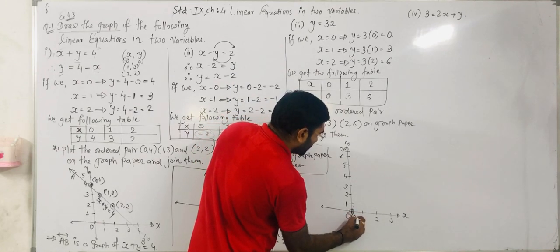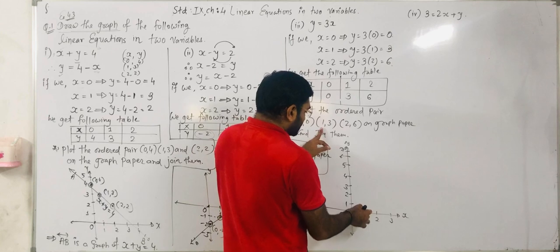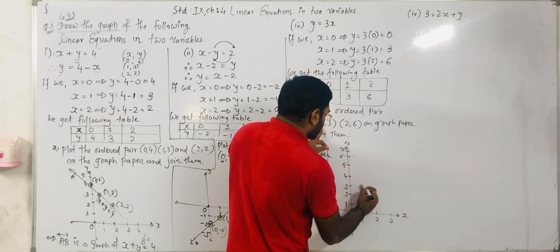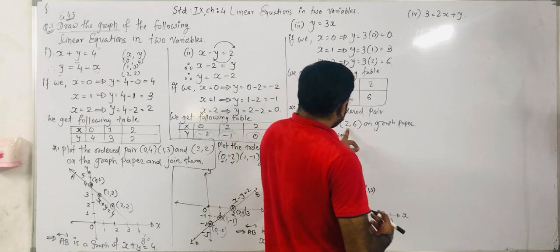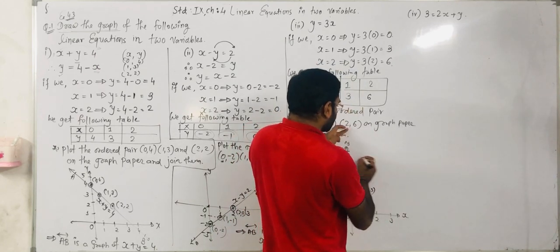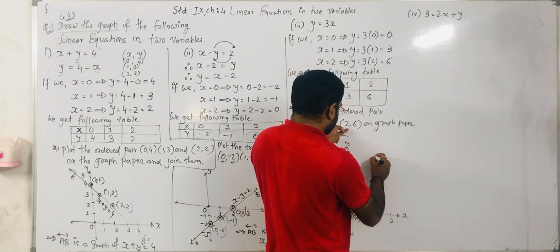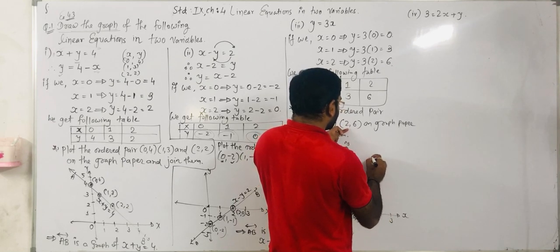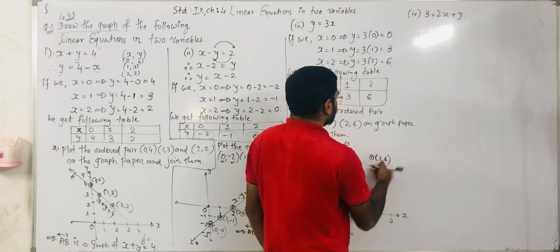This is the horizontal coordinate. 1 3. X is equal to 1. Right? And y is equal to 3. So we get this point. This is the 1 3 point. X is equal to 2 and y is equal to 6. So we get a perpendicular line from the 2 and a perpendicular line from the 6. So we get that this is the 2 6.